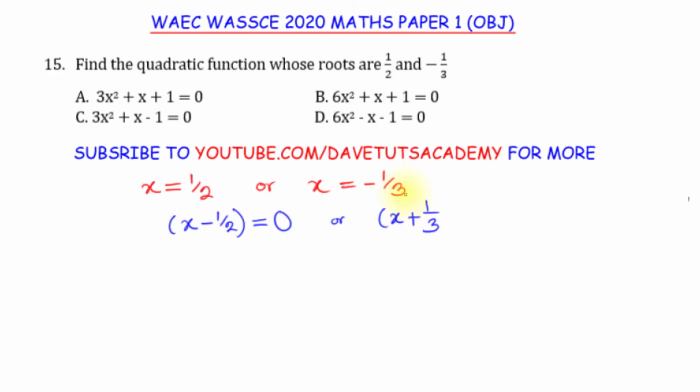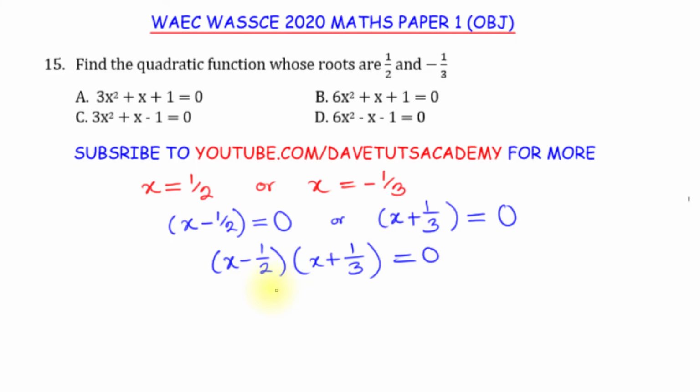When this minus 1 over 3 moves to the left hand side, it becomes plus, so that is equal to 0. So for us to just get the quadratic function, we need to combine the two. It's like we are reverse engineering the solution to quadratic equations that we normally do. So in that case, we just say this is x minus 1 over 2 multiplied by x plus 1 over 3 is equal to 0.